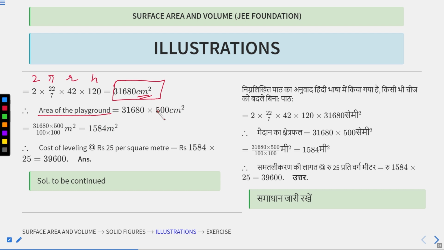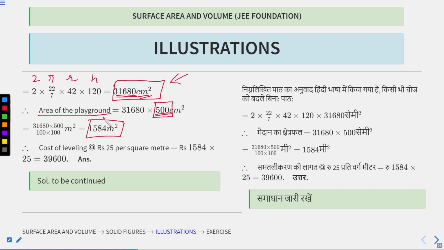We already know that we took 500 revolutions. So for a single revolution we covered this much area, and for 500 revolutions we will cover this much area.